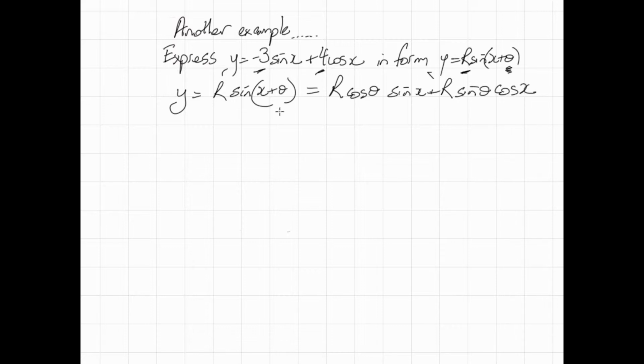But we know that y equals negative 3 sine x plus 4 cos x.